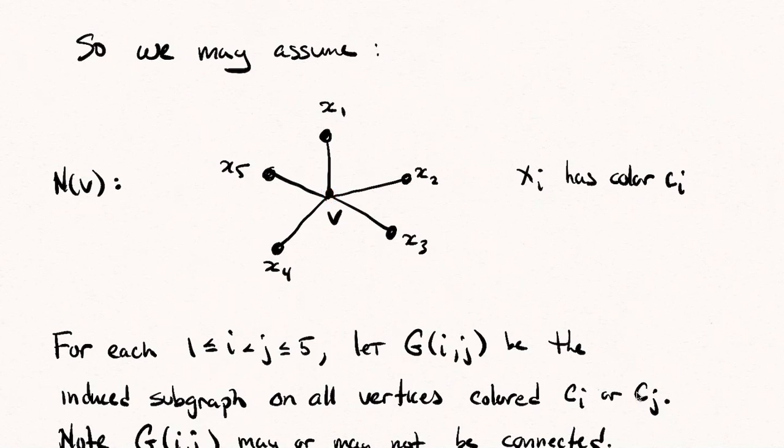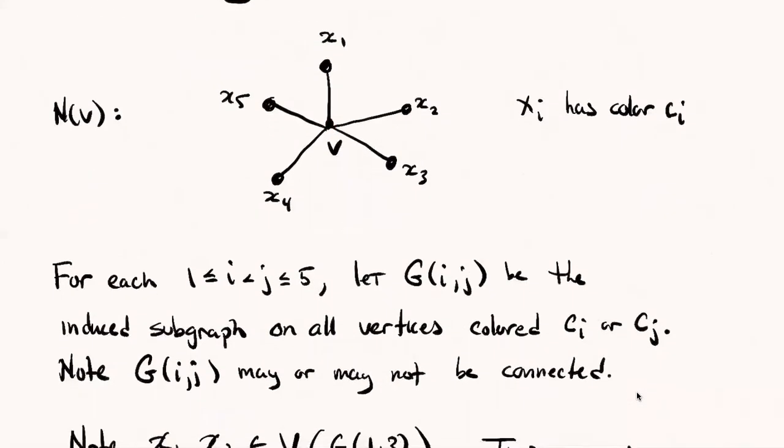So I can't do the easy thing of giving V the color that's missing, because nothing's missing. Getting a little technical here: for every pair of indices i and j between 1 and 5, but i is not j, I'm going to denote by Gij the induced subgraph of G that uses all the vertices that are colored Ci or Cj. Let's say I'm picking red and blue.